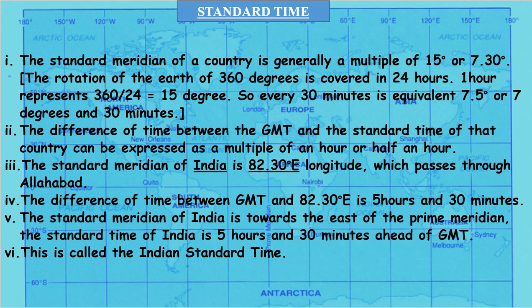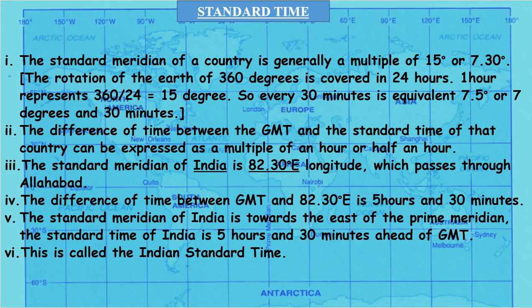The standard meridian of India is towards the east of the prime meridian, 82.5 degree east. So the standard time of India is 5 hours and 30 minutes ahead of GMT. This is called the Indian Standard Time.